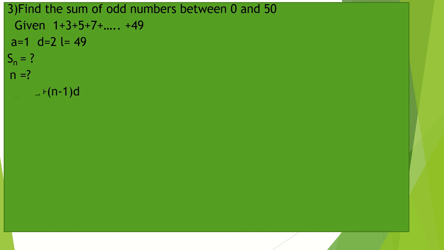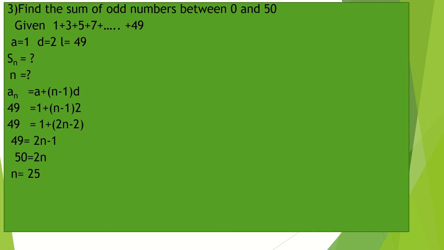Before finding the sum of the odd numbers, first we want n, the number of terms. So use the formula an equal a plus n minus 1 into d. an means the last term, that is 49 equal 1 plus n minus 1 into 2. 49 equal 1 plus 2n minus 2, which is 49 equal 2n minus 1. So 50 equal 2n.